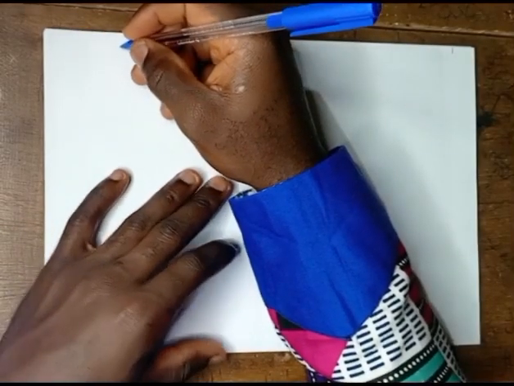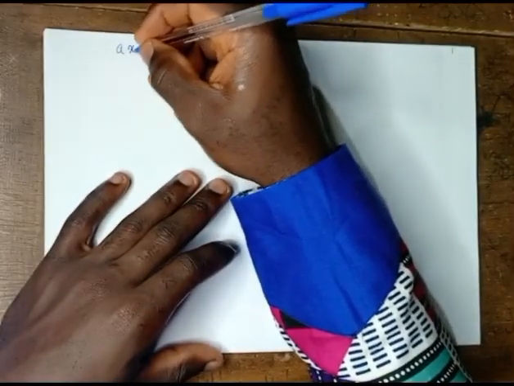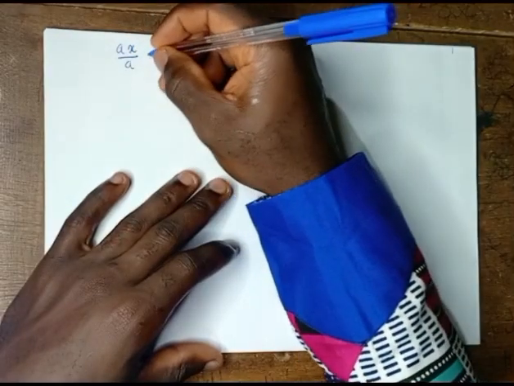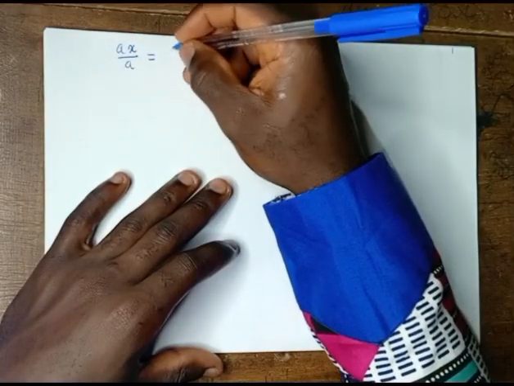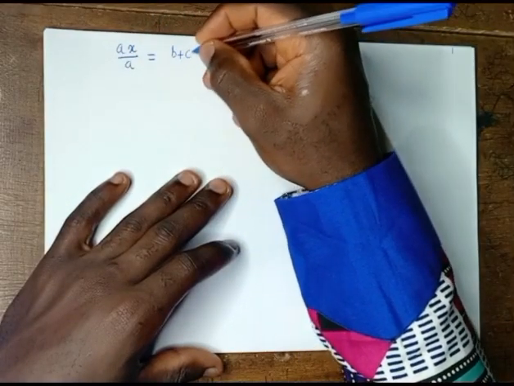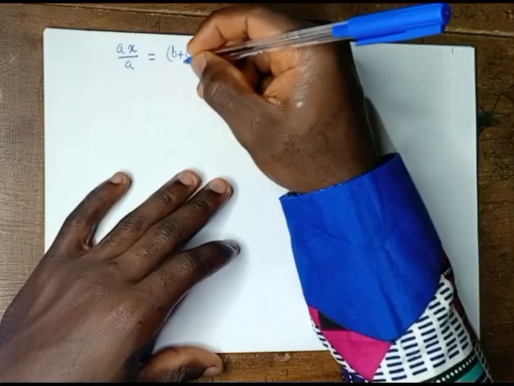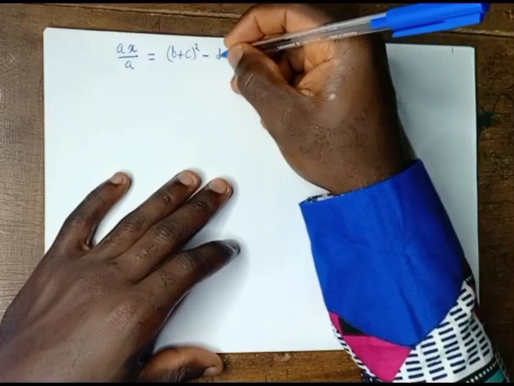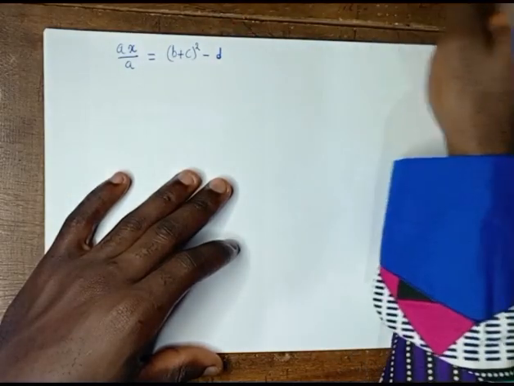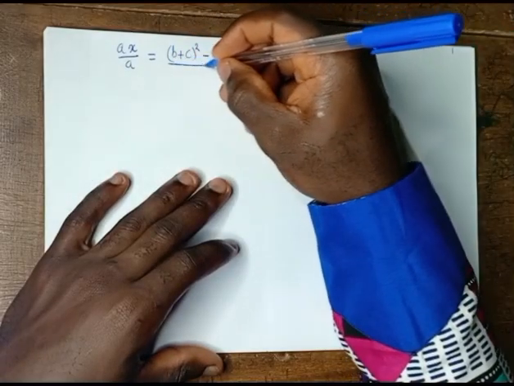This will simply give us ax divided by a is equal to b plus c, all this squared, minus d. We are dividing all this by a.